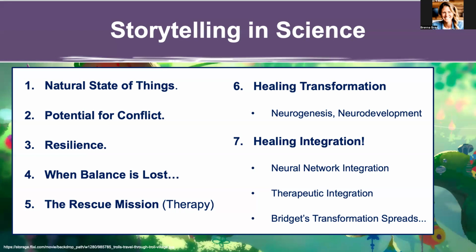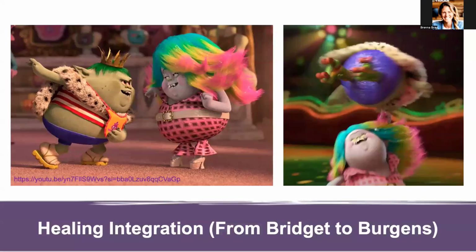Bridget doesn't just dress up once, she changes her lifestyle and incorporates that into her lifestyle, right? And there's another layer of healing integration in the movie Trolls, because we see that Bridget's own self-healing spreads. It goes from Bridget to the prince, and then pretty soon all of the Bergens are in this technicolor, disco dancing, roller skating, super fun, healing energy and vibe, right?